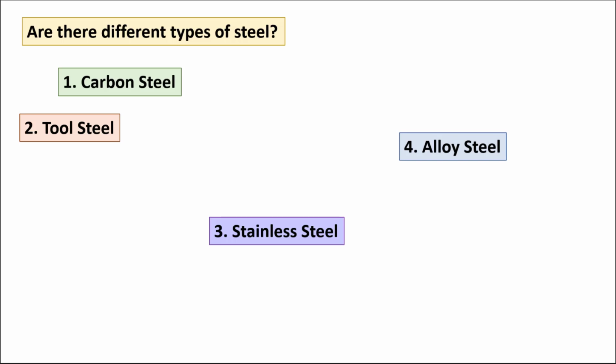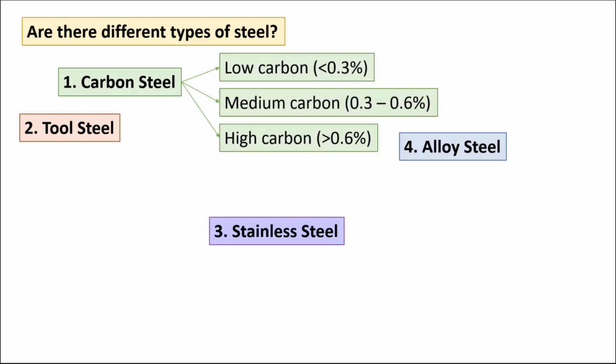Carbon steels are divided into three main classes. Low carbon steels contain less than 0.3% carbon. Medium carbon steels contain between 0.3 and 0.6% carbon. And high carbon steel contains more than 0.6% carbon, but not more than 2%, at which point steel becomes cast iron.